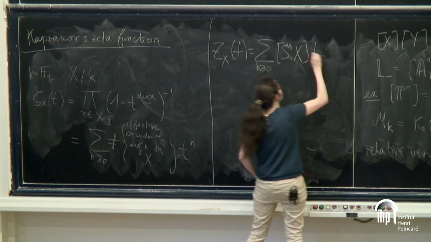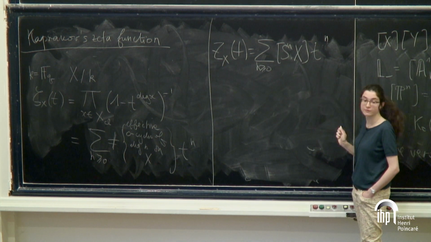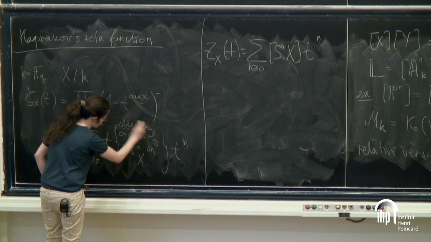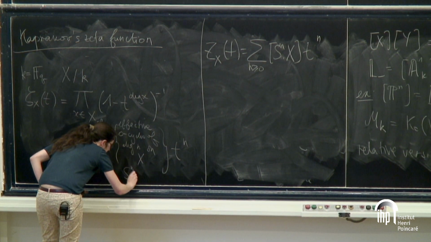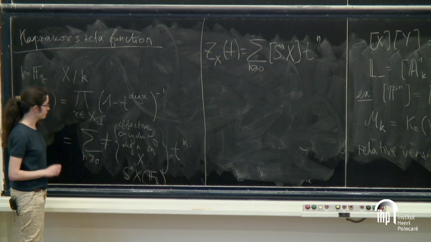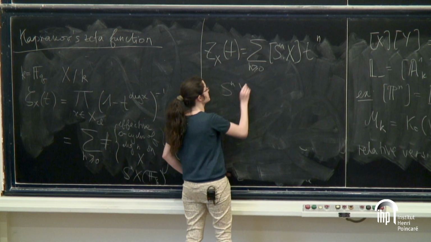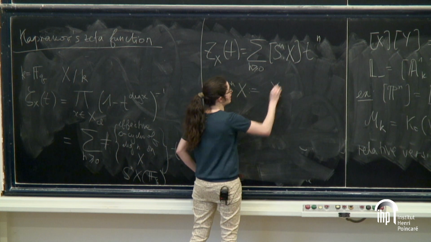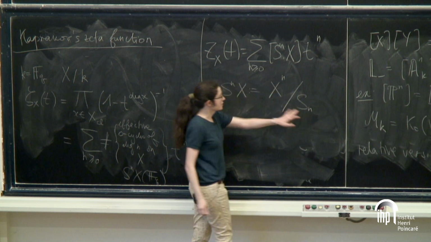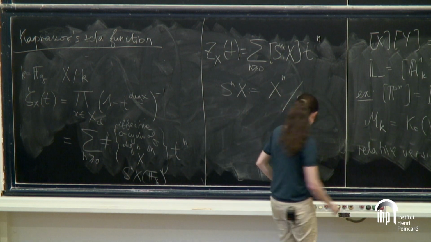We take the generating function of the symmetric powers of the variety X, because the effective zero cycles of degree n are exactly the F_q rational points of S^n X. So here S^n X is defined to be X^n, where I take the quotient by the natural permutation action on the coordinates.